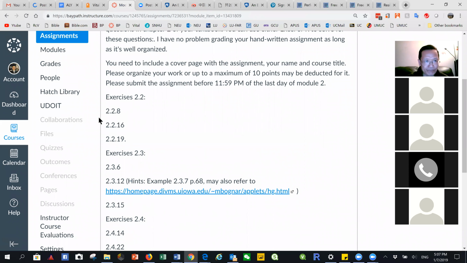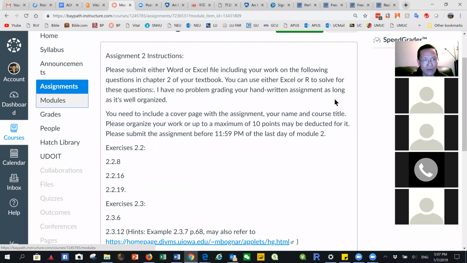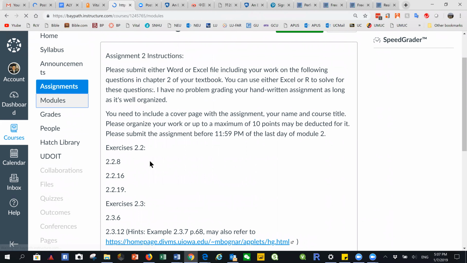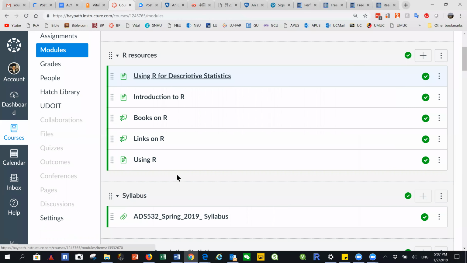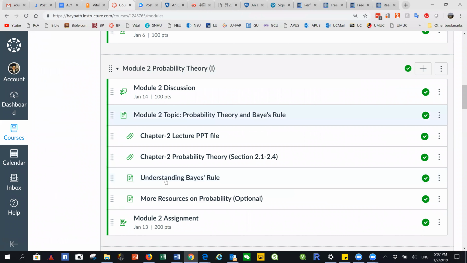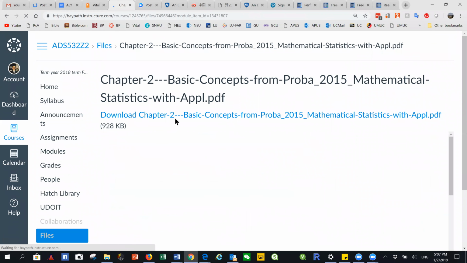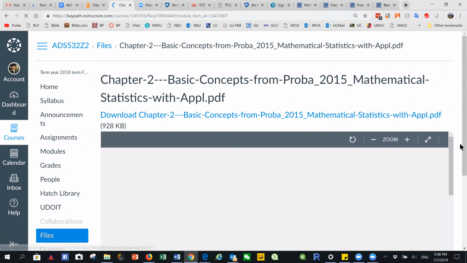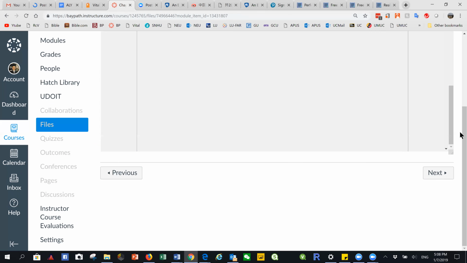2.2.8 on the module. All right, in the module, we will see module 2. Let's look at the question. When you click on probability theory, you will see the question 2.2.